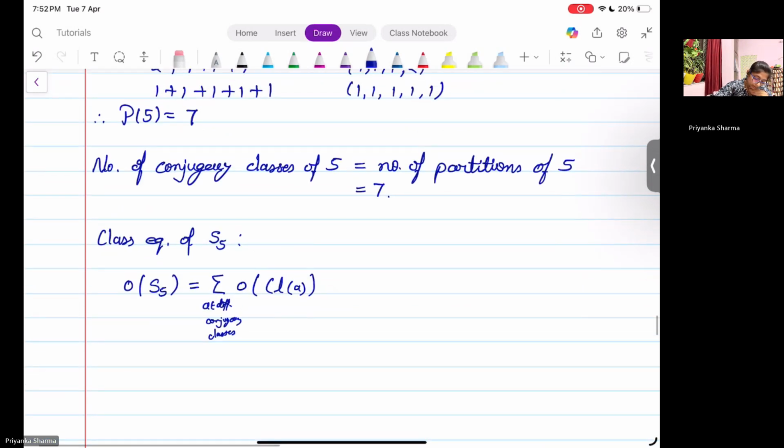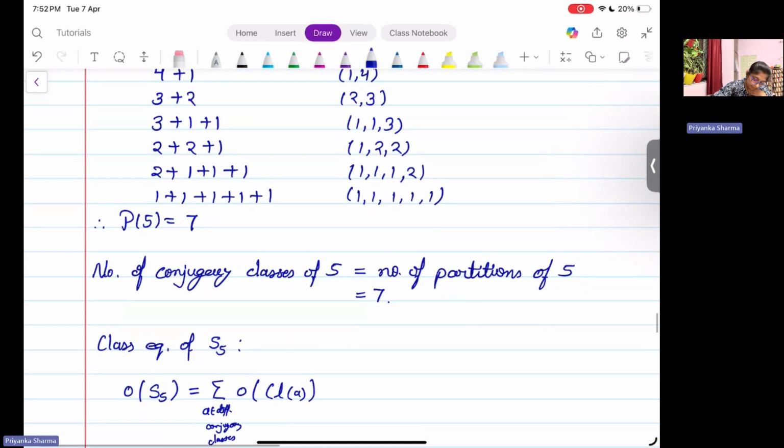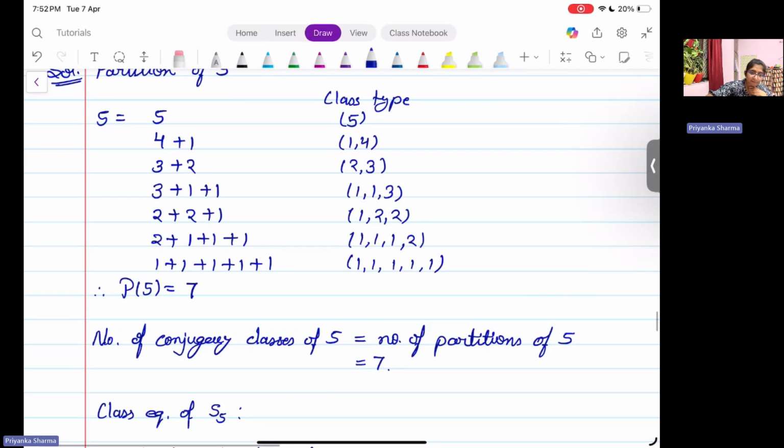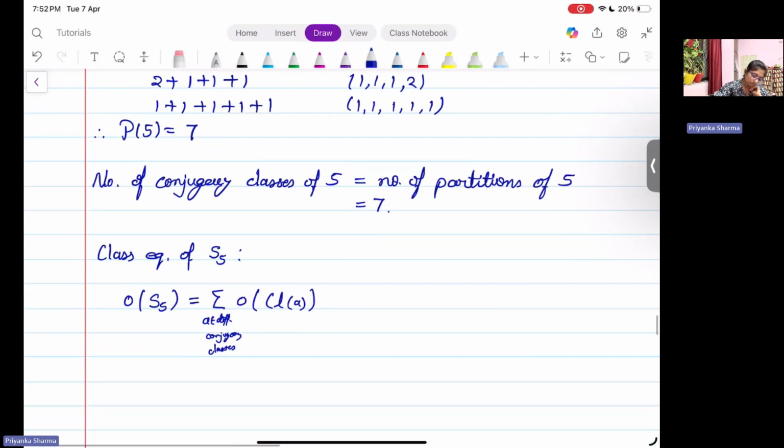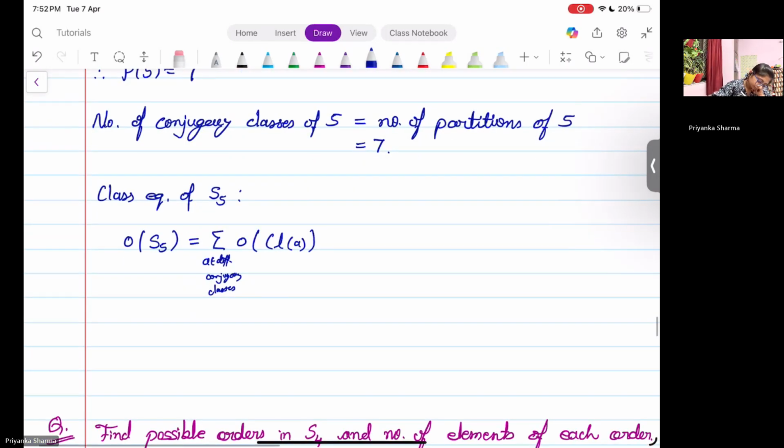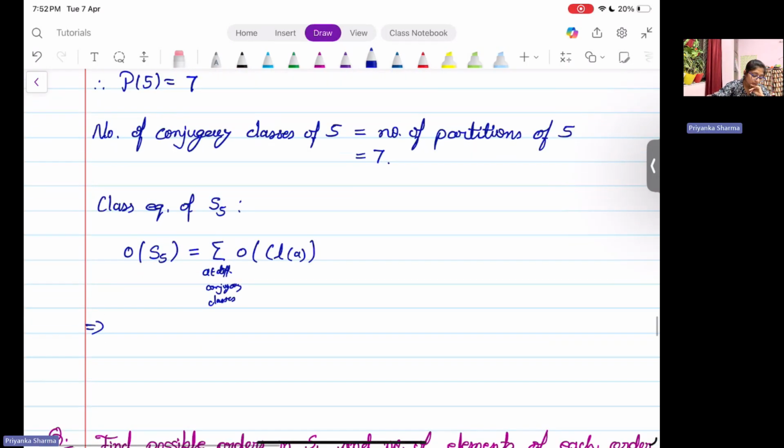It means if we can find out the orders of these 7 conjugacy classes, and we write them in summation form, we can find out the class equation of S5. What is the order of S5?